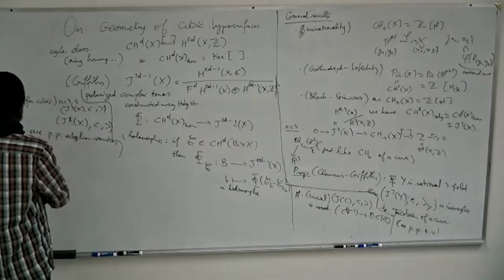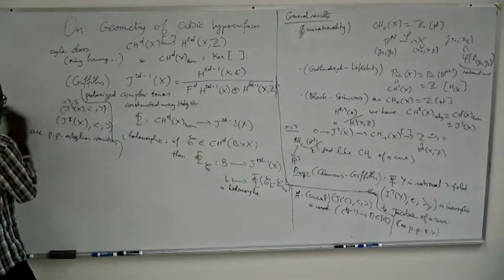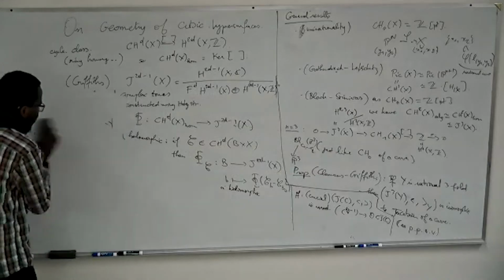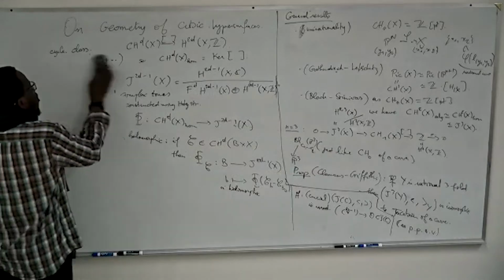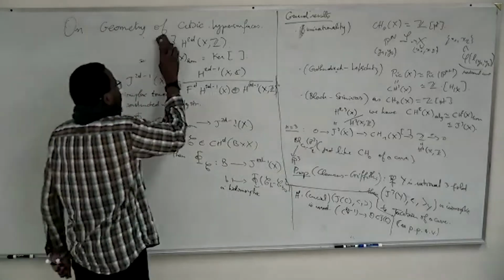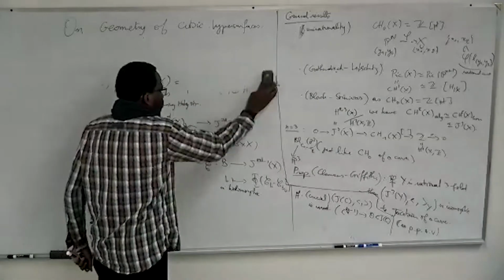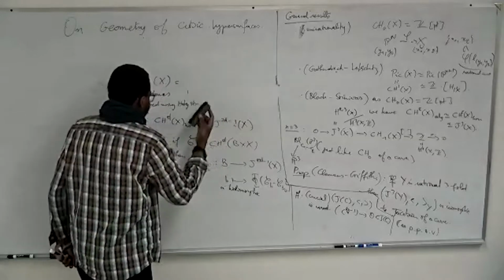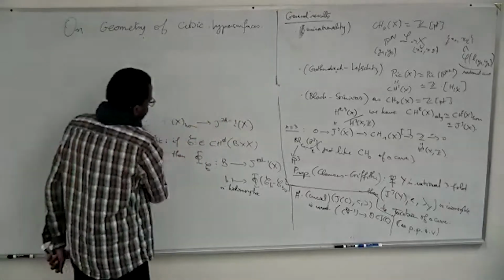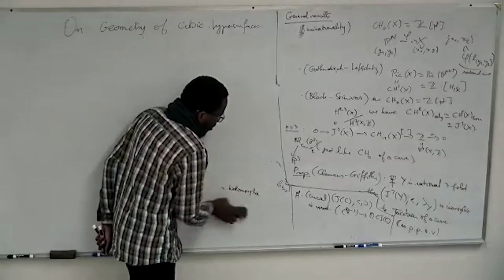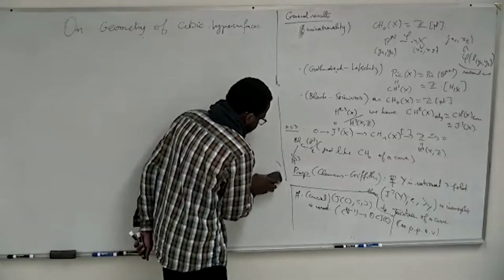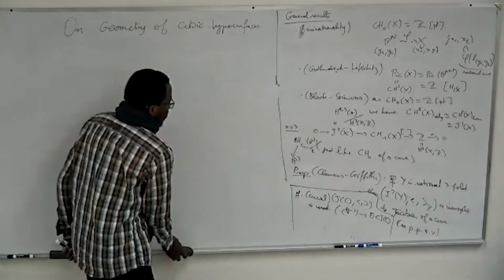I think I will skip the case of cubic fourfolds. It is more on the side of, I mean, the very interesting examples of rational cubic fourfolds are given by Hassett.